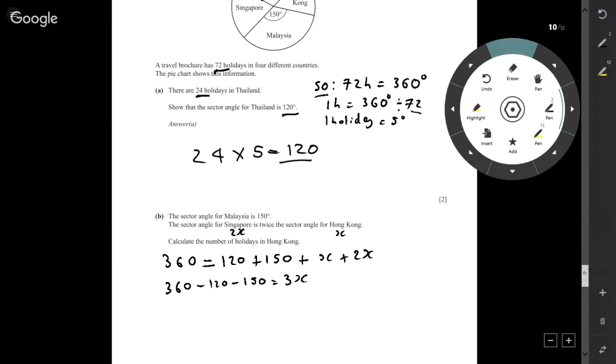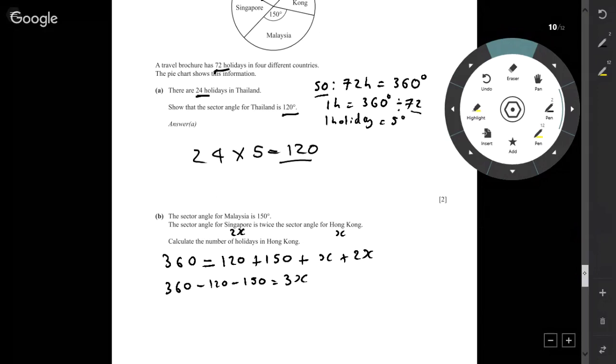Okay, the angle for Malaysia is 150, as they've set up here. The sector angle for Singapore is twice the sector angle for Hong Kong. So let's put Hong Kong as x and Singapore as 2x. Then we're just going to make a simple equation to find out, firstly, what the angle of Hong Kong is, and then we'll find out the number of holidays.